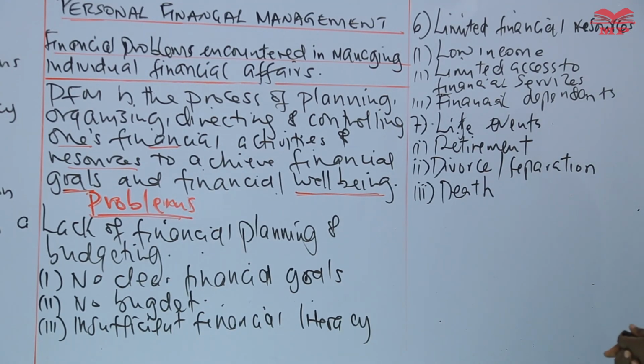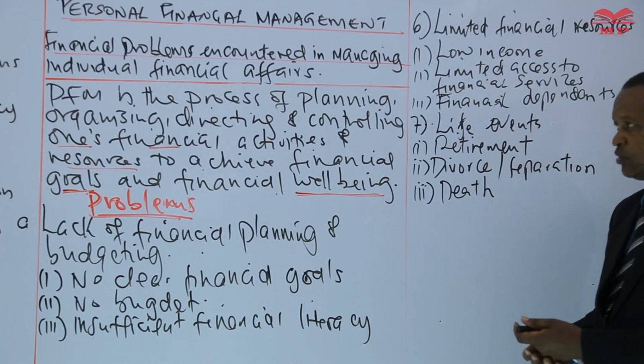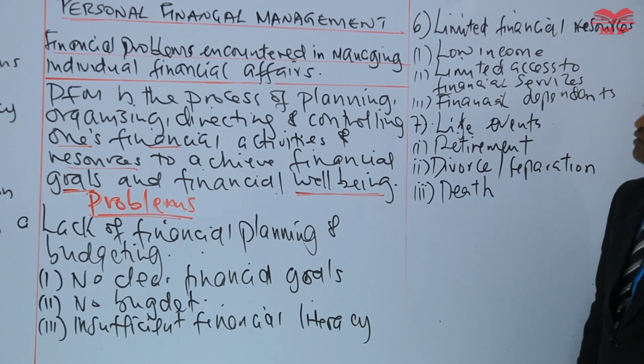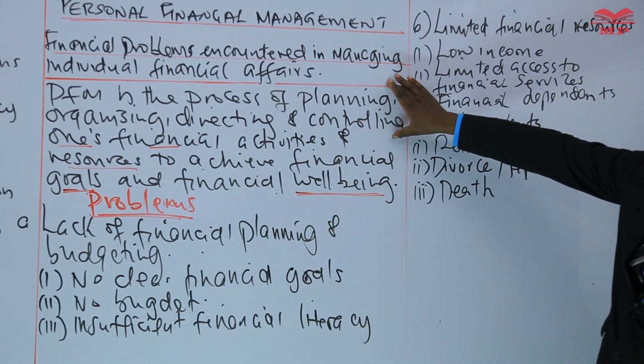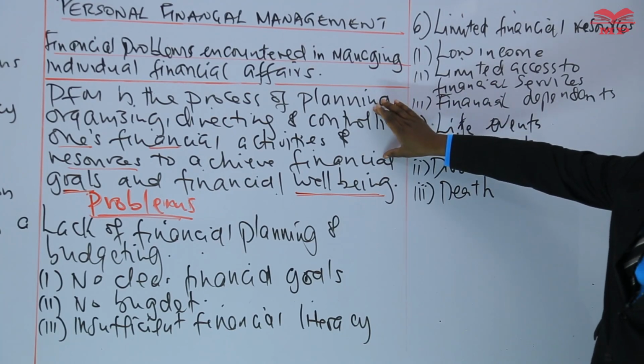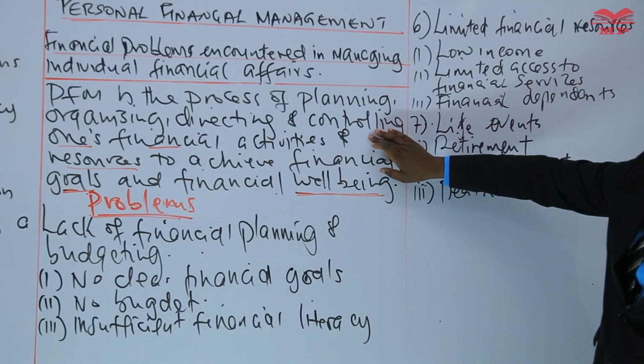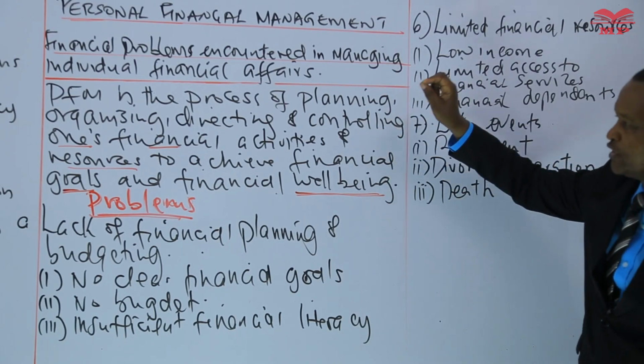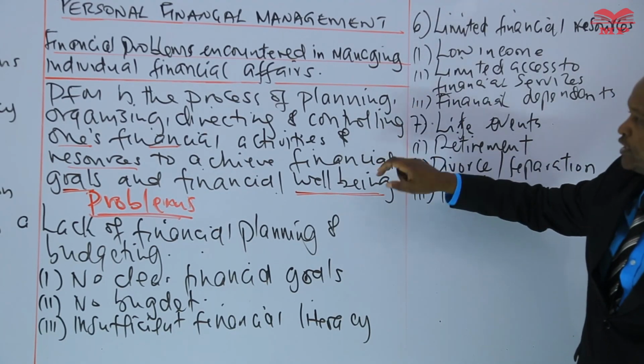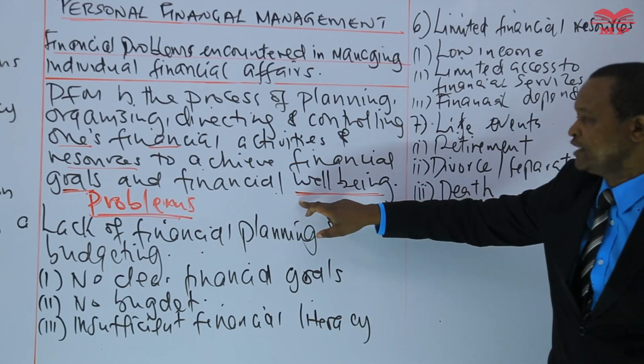So candidates, that effectively brings the lesson to an end. The first lesson in personal financial management, where we've defined personal financial management as the process of planning, organizing, directing, and controlling one's financial activities and resources to achieve financial goals and financial well-being.